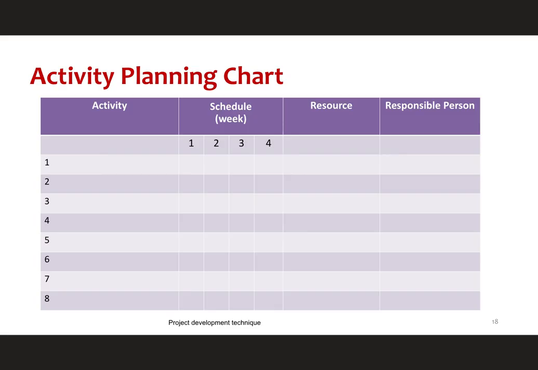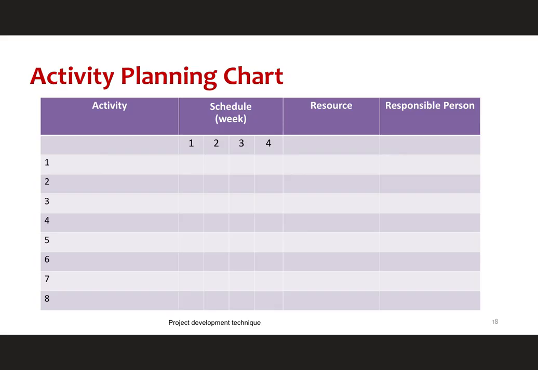Maybe the first is studying prototype making, then number two, assembling the prototype. In week 3, make a video clip of the prototype, and in week 4 put together the final presentation. Week 5, rehearse the final presentation, and so on.